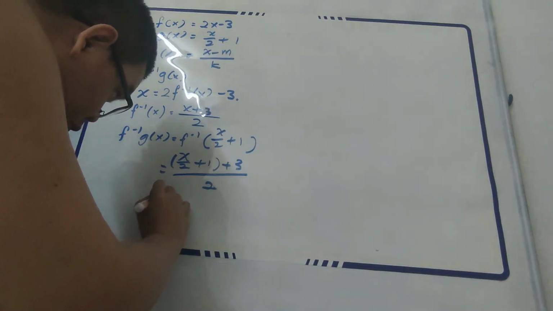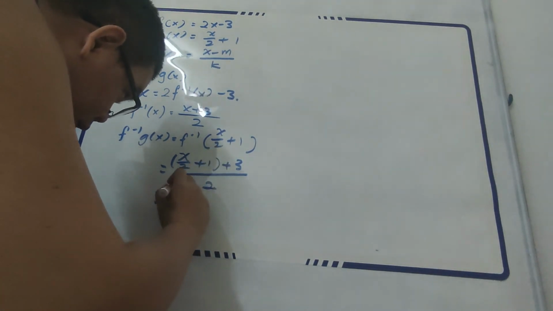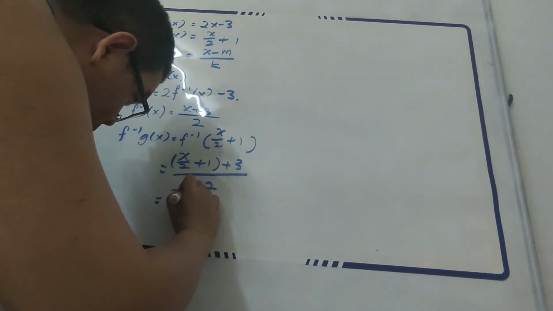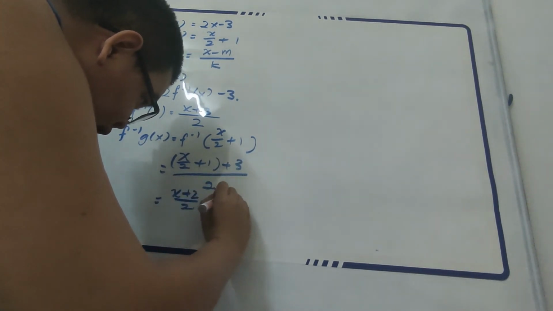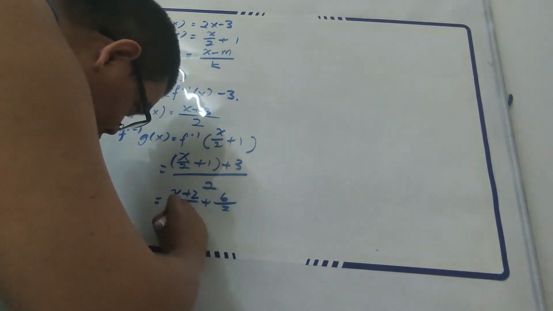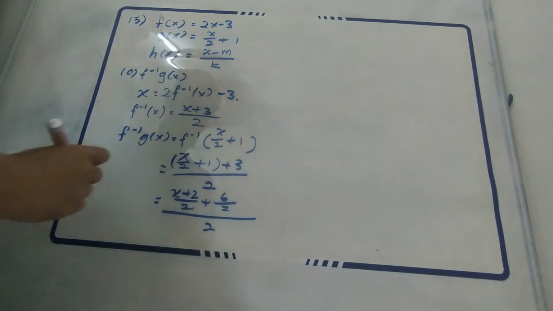Also equals (x plus 2 over 2 plus 6 over 2), then the whole thing divided by 2.